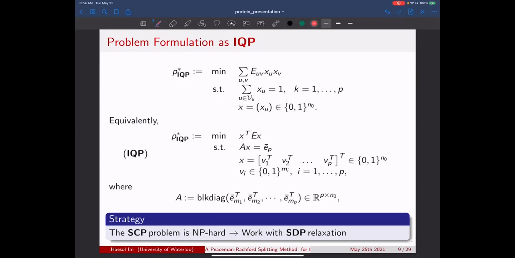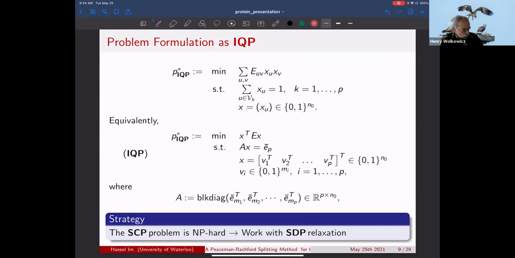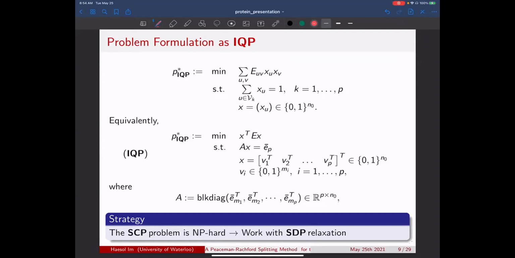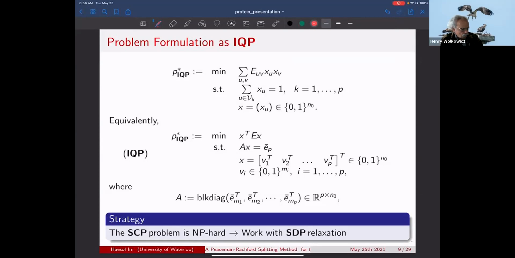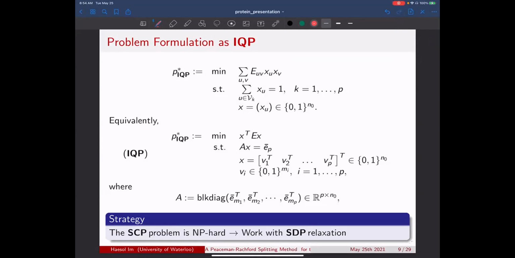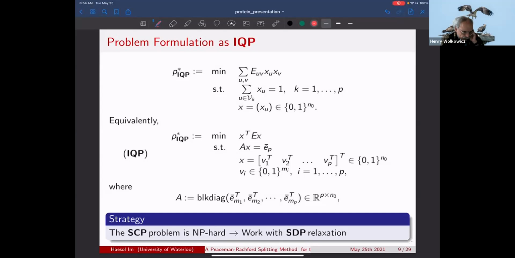Isn't RLT somehow related to the non-negativity constraints? Yes, it includes non-negativity as well as the polyhedral constraints. It's a way to linearize quadratic terms, but with polyhedral constraints. So you multiply non-negativity by a scalar as well.